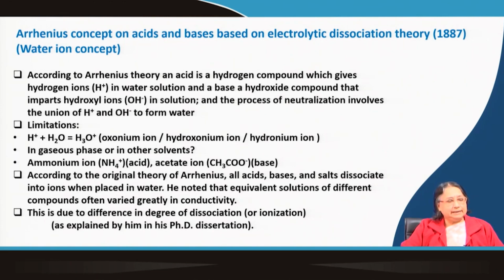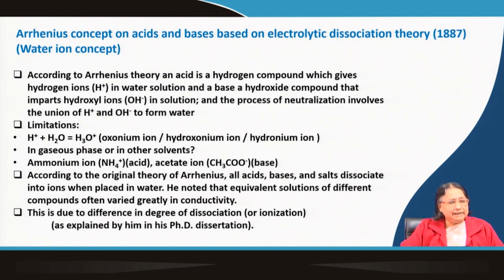The second thing is that in this concept, an acid is a proton donor in aqueous solution, that means water medium, and a base is something which gives the hydroxide ion in water. But an acid should be defined not in terms of any medium, but by itself.